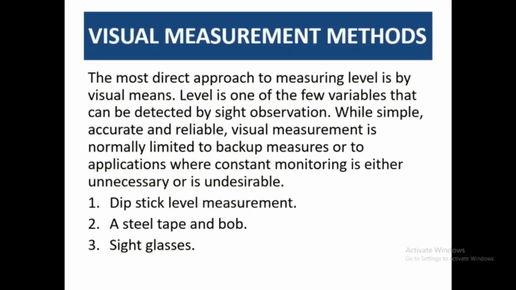If I talk about the direct method, first comes visual measurement. Visual measurement simply means that you install a certain instrument with which you can visually watch the level of your liquid or solids coming from a certain part into your equipment.